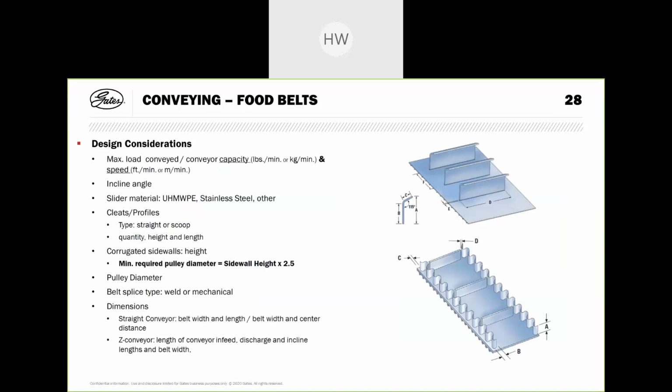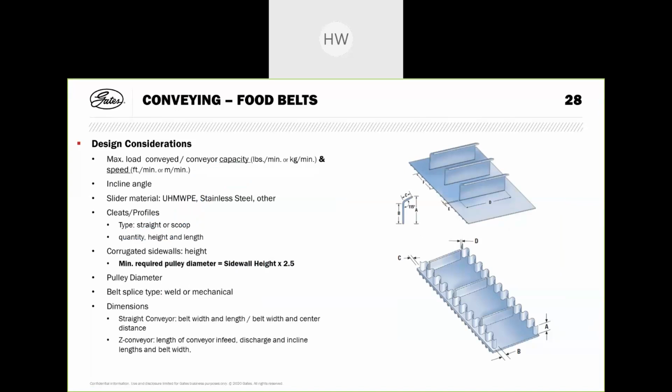And then since these belts are usually traveling over a slider bed, we also have to respect the friction. Depending on the slider bed material, the polyethylene slider material, stainless steel, or any other slider bed material. And usually we also apply cleats or profile or corrugated sidewalls to this belt.